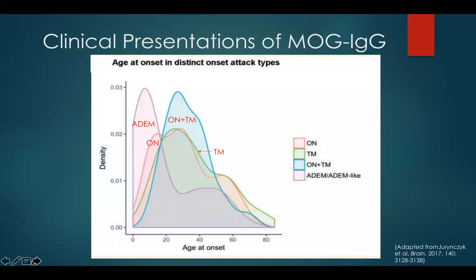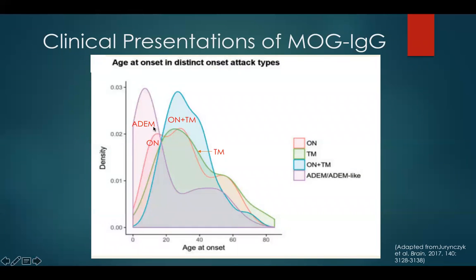This is the UK cohort that looked at 252 patients who were positive for anti-MOG. They looked at the demographic and clinical data of those patients and found that patients who were under the age of 20, the most common presentation was ADEM.